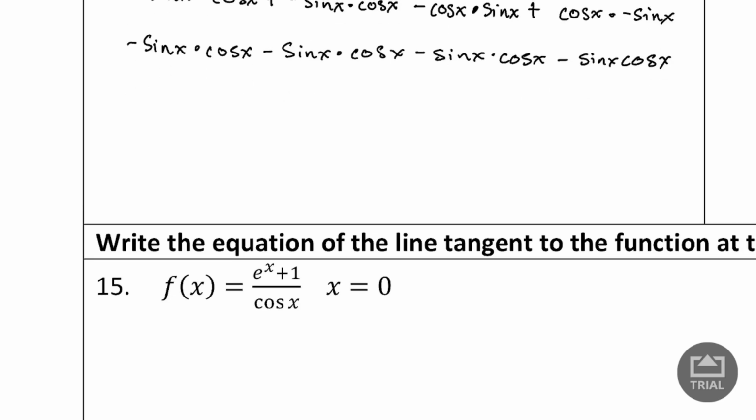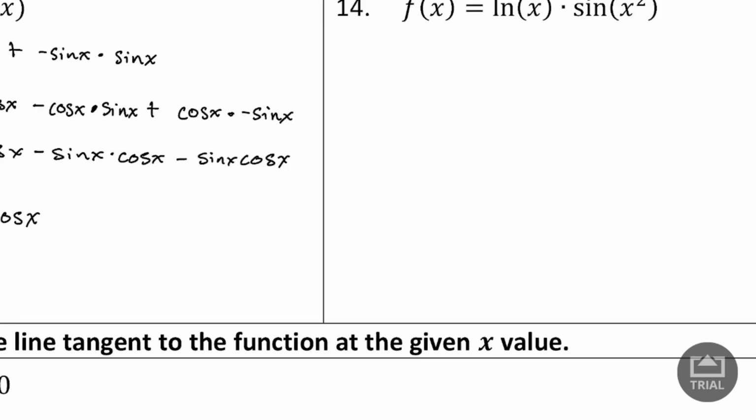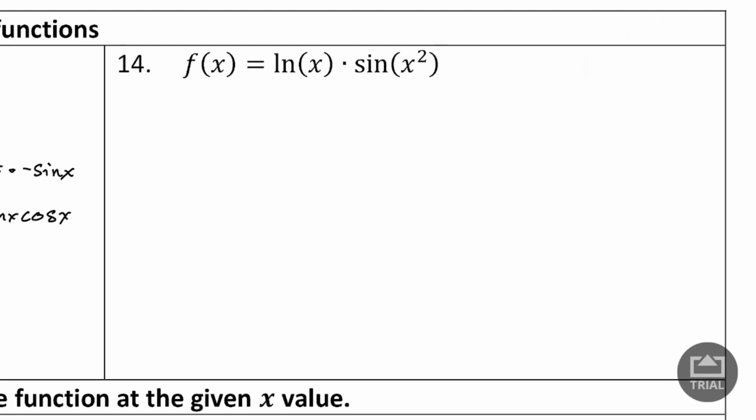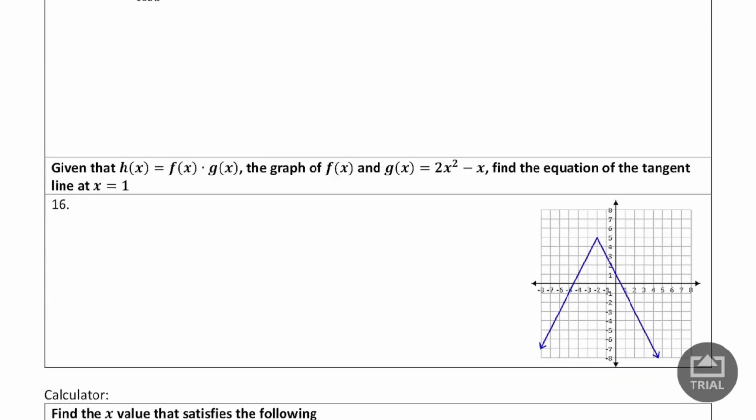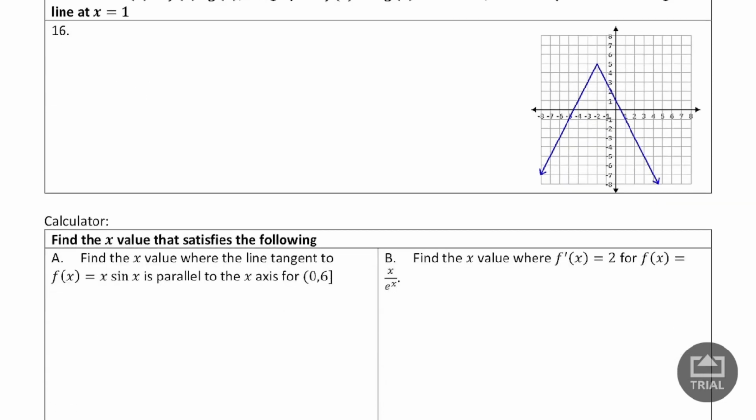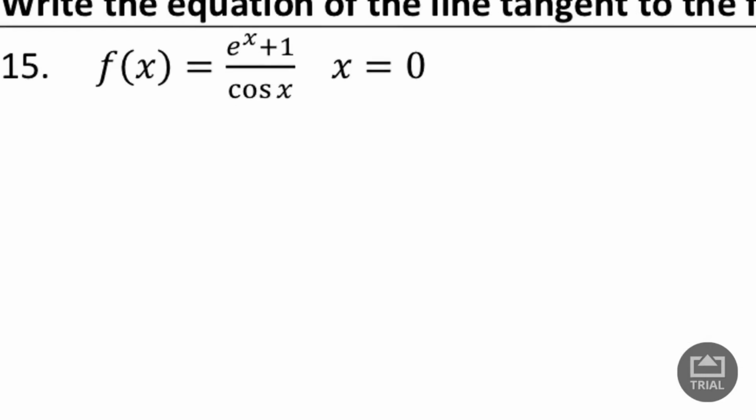And since all of these are the same, we could combine it into negative 4 sine x cosine x. Okay, number 14. This one's going to take a lot more space, so I'm just going to come back to it because it's going to be a longer process. So let's just get 15, 16, and then the calculator one's done, and then we can always come back.